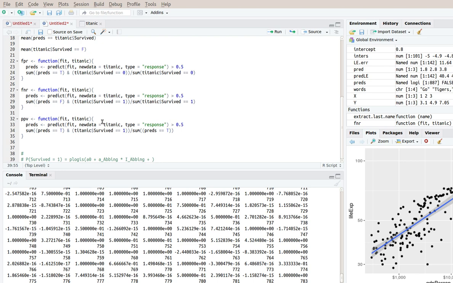And then plus A Adams times I Adams, whatever, right? And this is only going to be 1 when we're predicting for Abing. And when we're predicting for Abing, we just want to predict 0 because he did not survive. So we can just make A Abing as low as we want, very negative, which would lead to P of survived equals 1 being almost 0. The value of plogis is never exactly 0 or exactly 1, but it can be very close to 0. So that's how it works out.